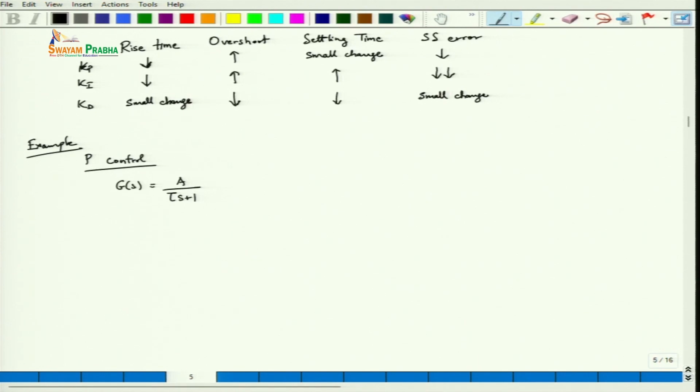So this represents a first order system. Now we are going to consider that D of S is equal to Kp. So we get tau S plus 1 plus Kp is equal to 0 as our characteristic equation.